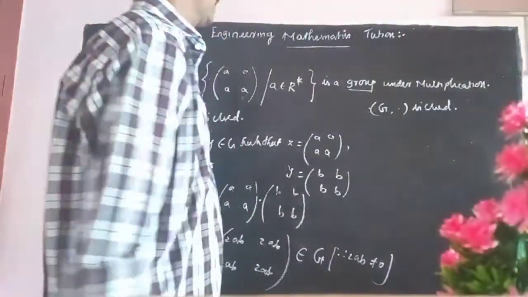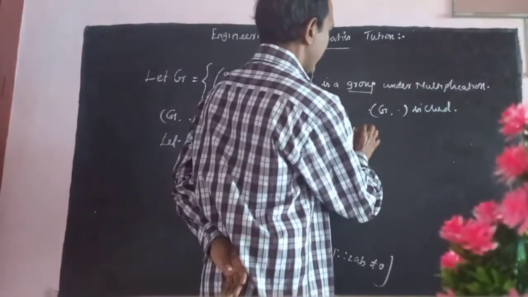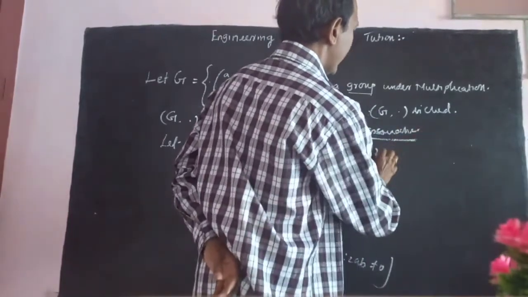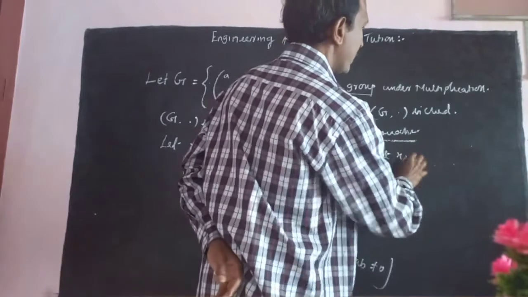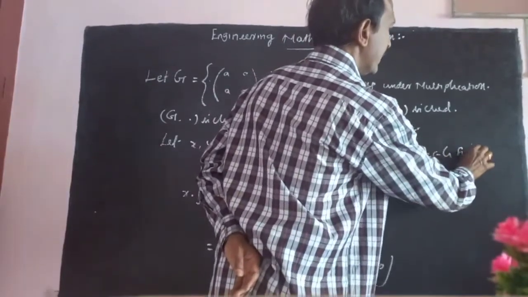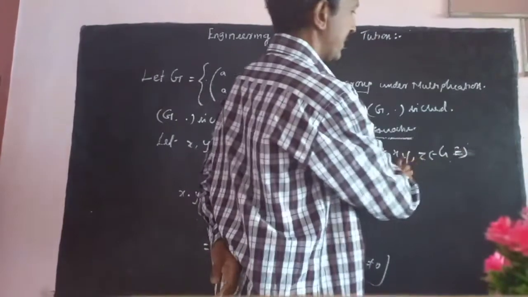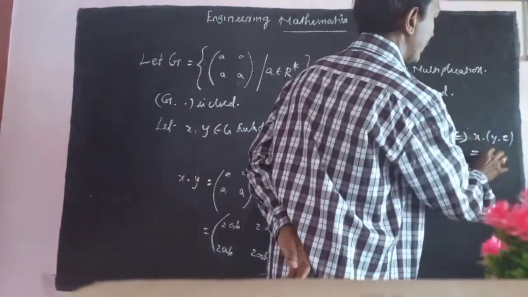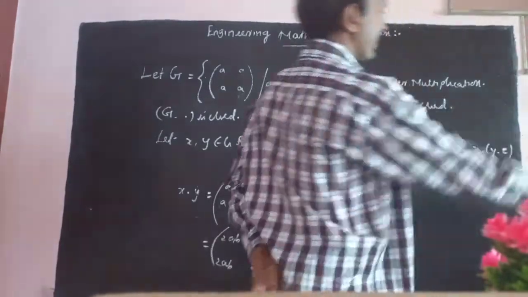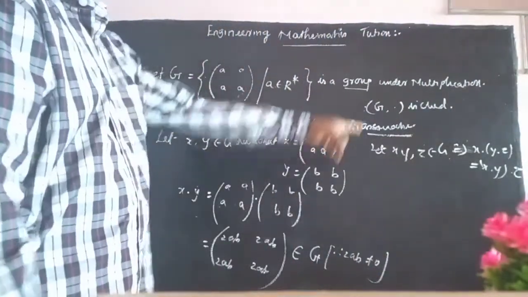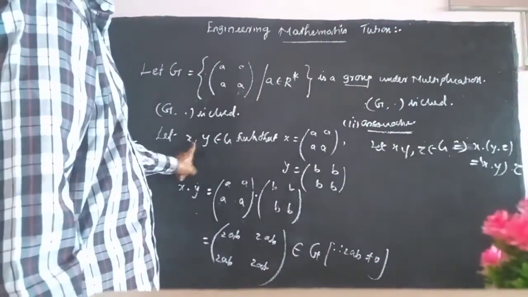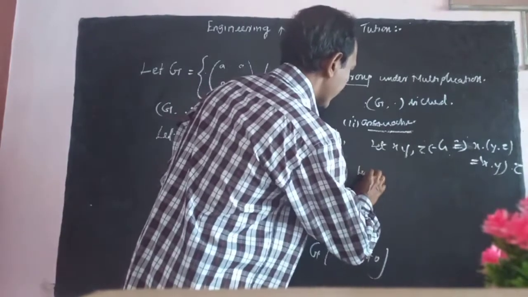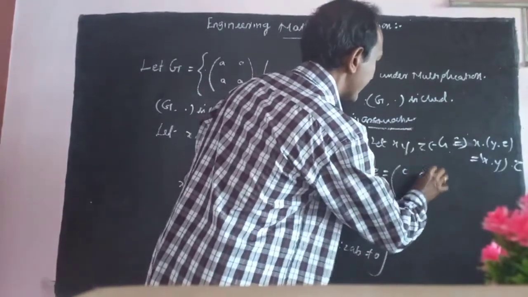Second one, associative. Okay, so associative means let x comma y comma z belongs to g implies x dot y dot z is equal to x dot y dot z. Okay, so we take z value, so let x is an element and y is also an element, and z is equal to, we say let z is equal to c.